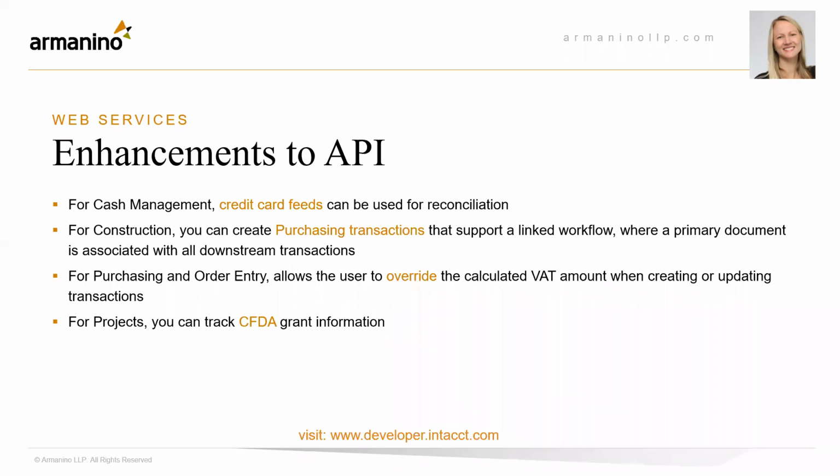That's actually really exciting. Purchase order and order entry allows the user to override and calculate VAT amounts when creating or updating transactions. And for projects, you can track the CFDA grant information. This is wonderful for not-for-profits that have grants. And you can find more information at www.developer.intacct.com.